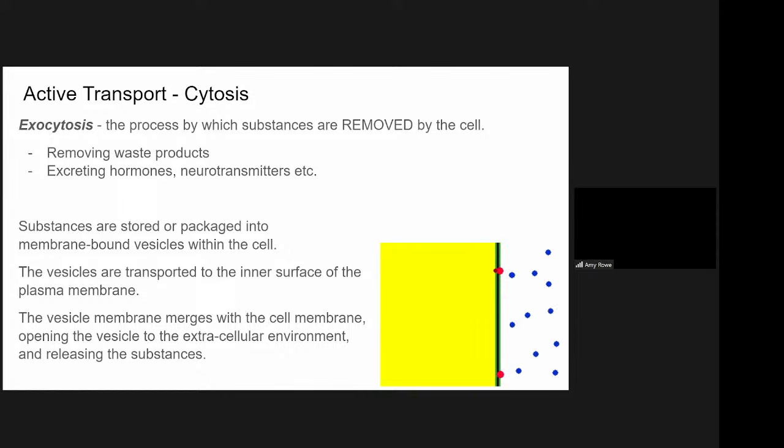And as it does that, as it merges with the plasma membrane and stretches out, it releases its substances to outside the cell. Again, this is an active transport process, so it requires ATP to drive it because you're dealing with changing the shape of the cell membrane. However, you don't need to know too much about the details of that.